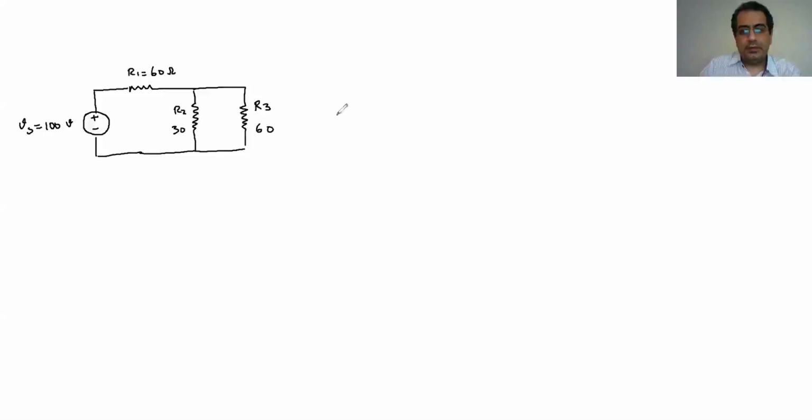If you look at it, these two are in parallel. So this is equivalent to having a 100 volt source, plus minus, and then R1, which is 60, and then replace these two with the equivalent resistor between 2 and 3.